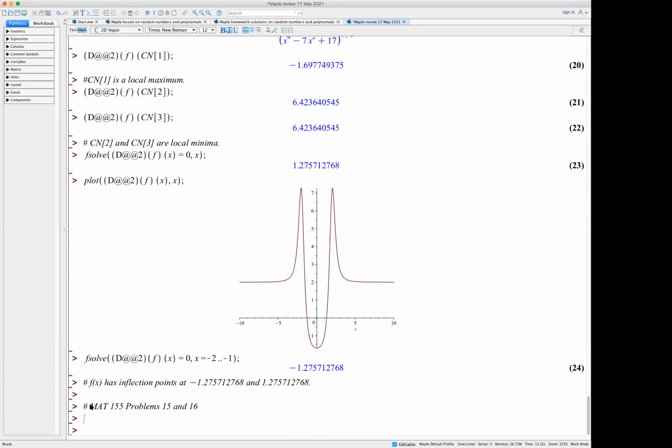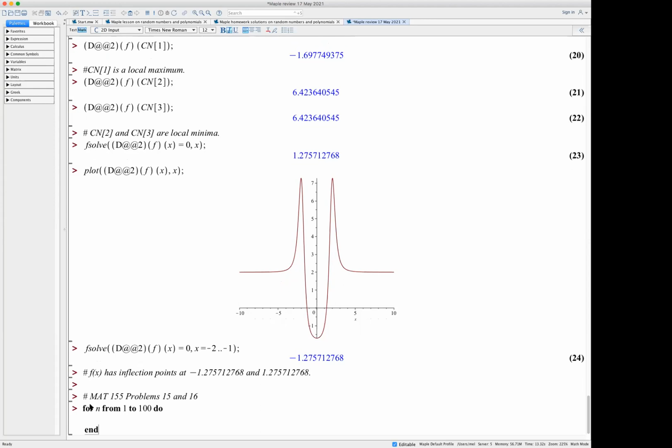So if you just want to list the prime numbers of that form up to n, you would say for n from 1 to 100 do. Let me write my n do. And now I only want to list the numbers that are primes.